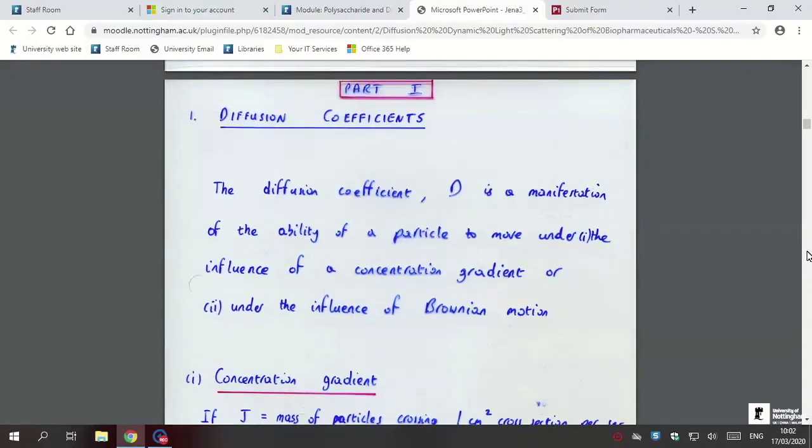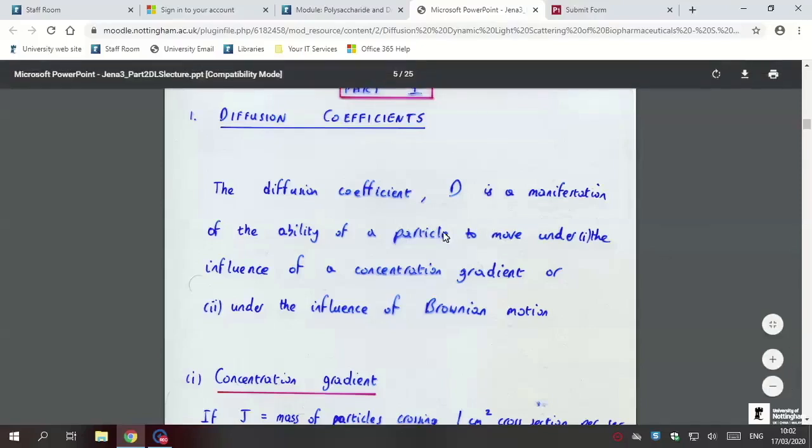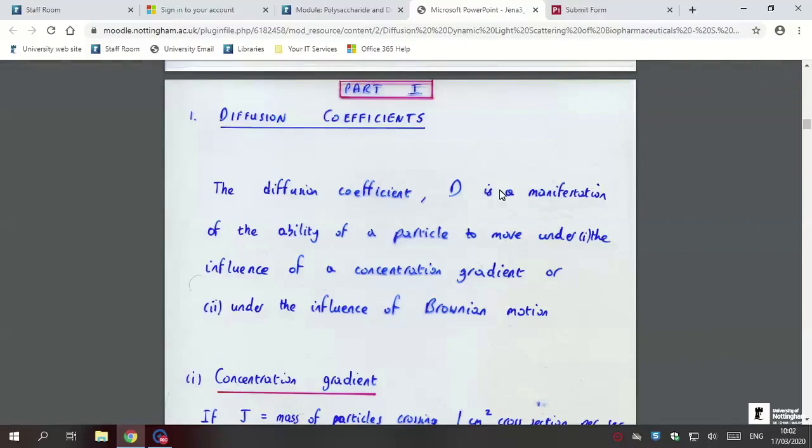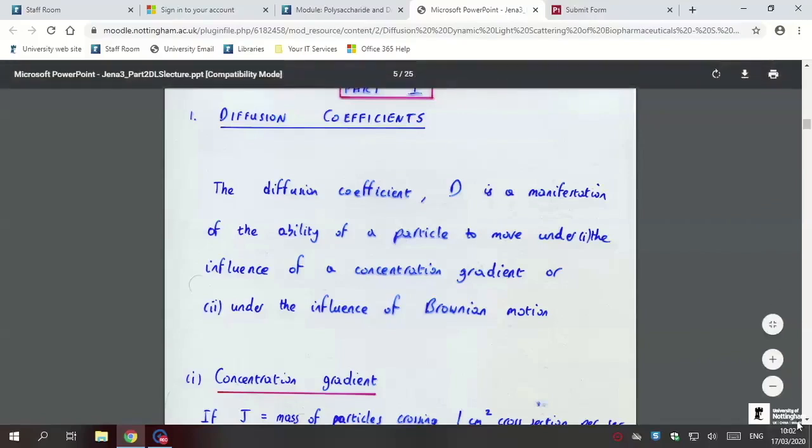So diffusion is a manifestation of the ability of a particle to move under the influence of a concentration gradient or under the influence of Brownian motion, thermal energy.